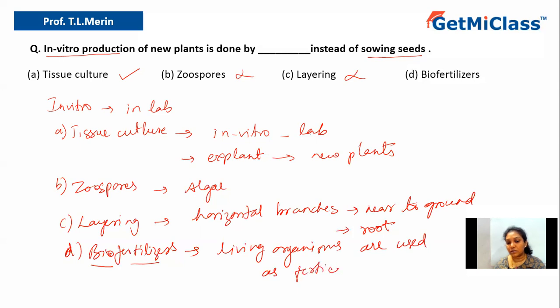You would have heard about many bacteria, like rhizobium, which can help in fixing nitrogen. This is a biofertilizer. Even algae can be used as biofertilizer because they are rich in protein. But here we are talking about in vitro production, and with biofertilizers we cannot get new plants. These can be utilized for the better growth of the plant. Hence option D is ruled out.